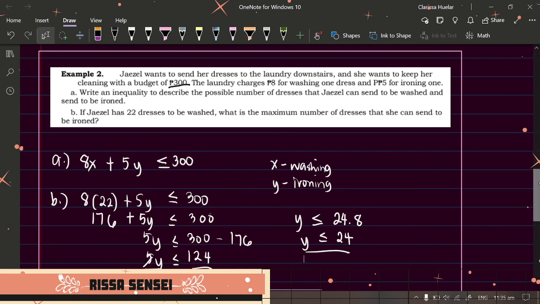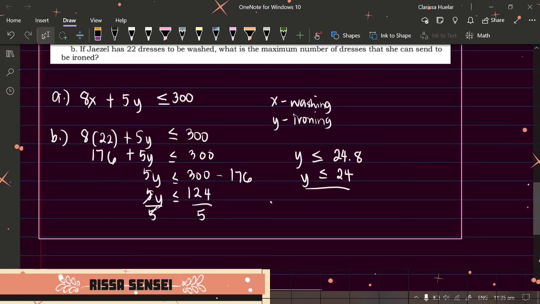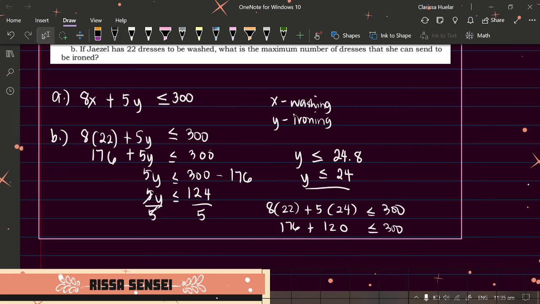Because we're going to check: 8 times 22 plus 5 times 24 less than or equal to 300. So this is 176 plus 120 less than or equal to 300. We will have 296 less than or equal to 300. And this is true, because 296 is lower than 300.